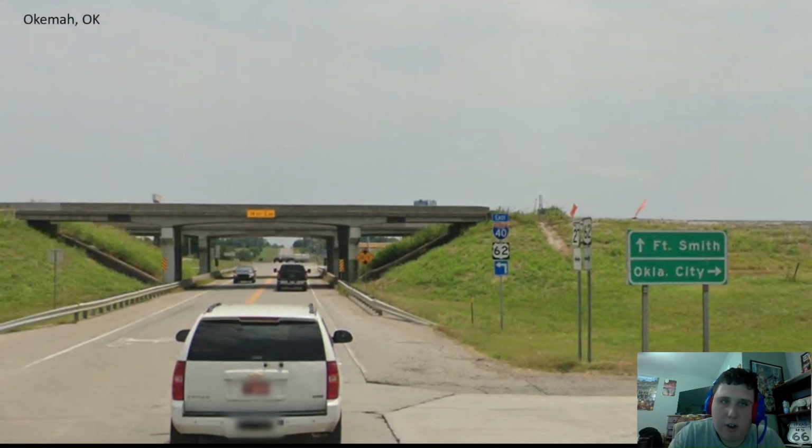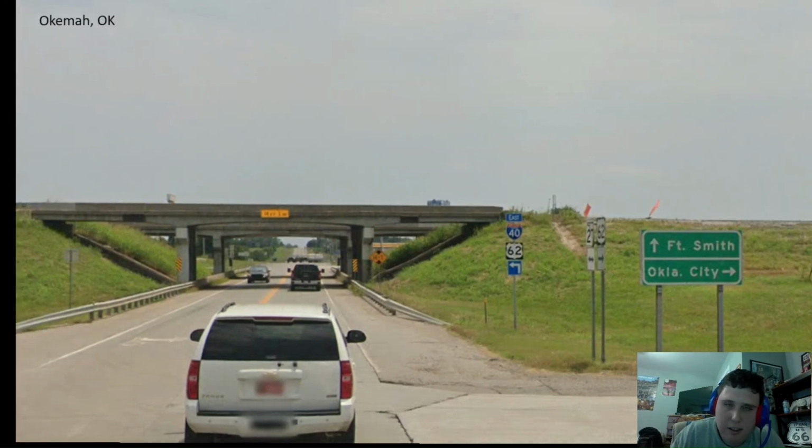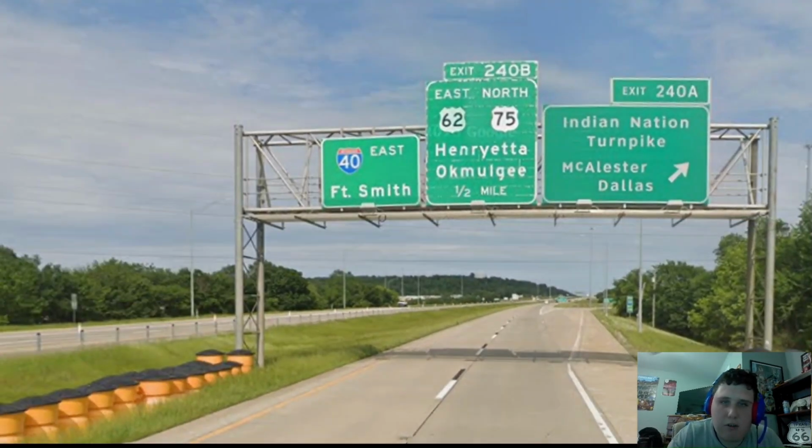Here we are meeting Interstate 40, which is signed eastward for Fort Smith and westward for Oklahoma City. Here we're splitting off from Interstate 40. We're going to be joining with US Highway 75, and we're signed northeast for Henryetta and Okmulgee.